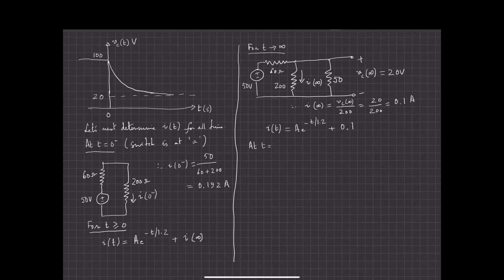I have my 60 ohm resistor, my 50 volt source, this 200 ohm resistor, and this current here is I at 0 plus.